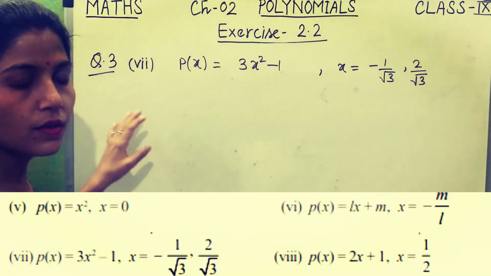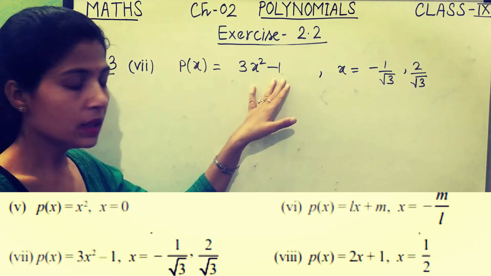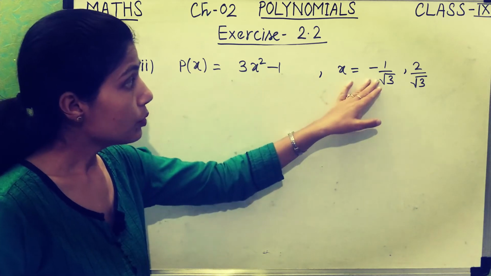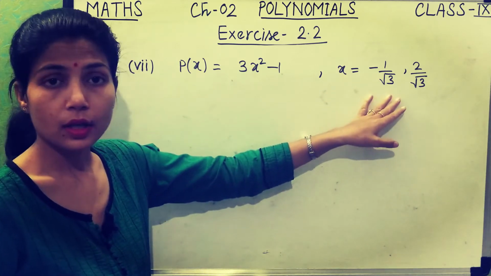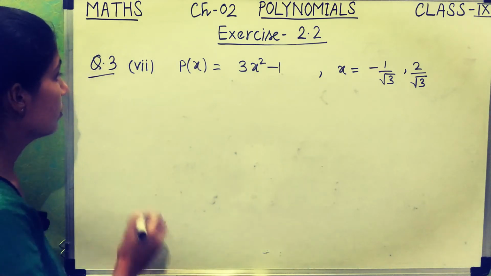Now the seventh part, that is p(x) equals 3x square minus 1. You have to check whether this polynomial has zeros at x equals minus 1 upon root 3 and 2 upon root 3. So let's check it.